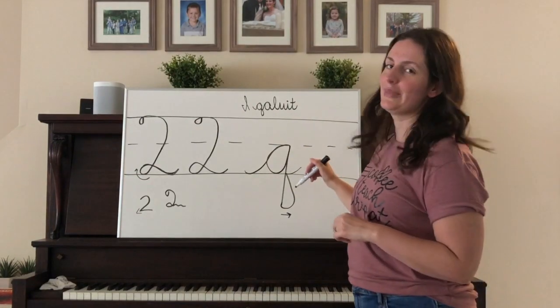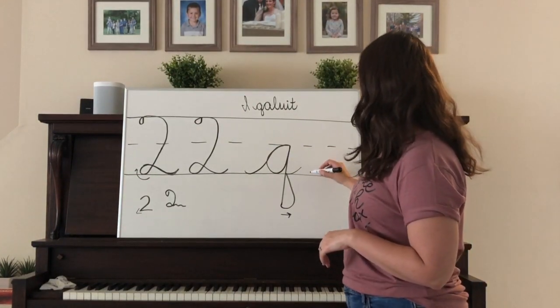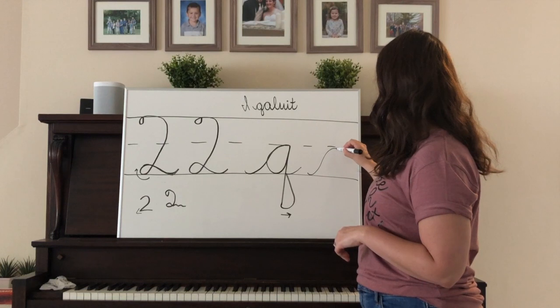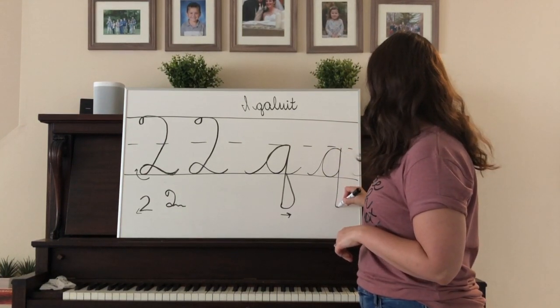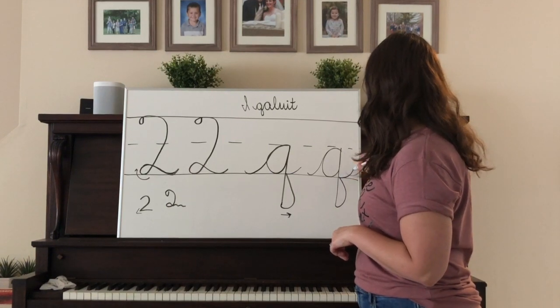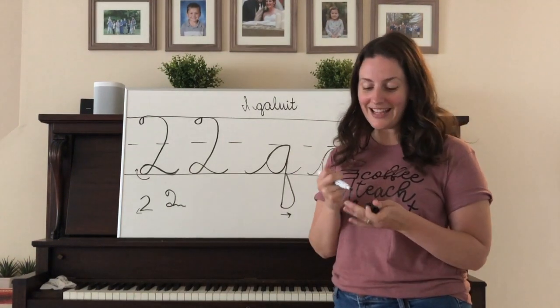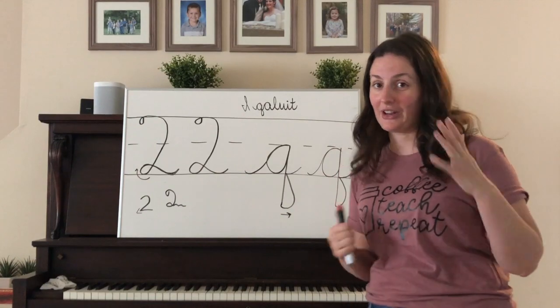Iqaluit. But usually it'll be a U. Let's do that one more time. So up, tobogganing, slide back down, come up, straight all the way down, back to the line, onto the next letter. Have such a good time doing your very last letter.